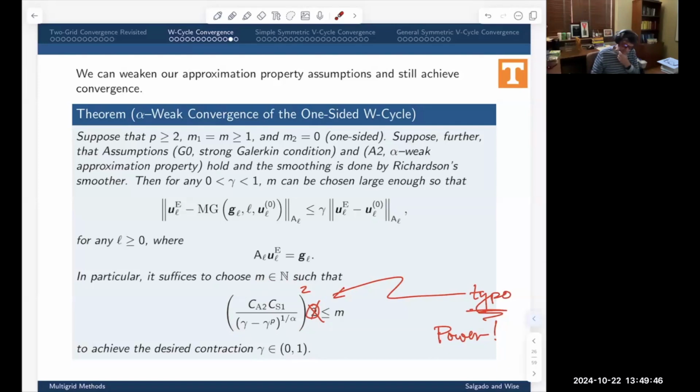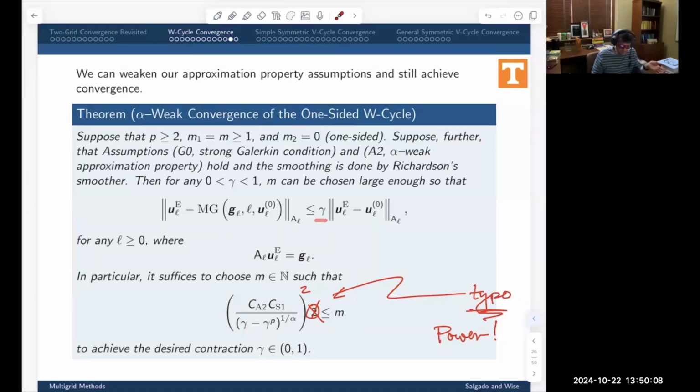The only difference between what I do here is now I have an alpha. So let's think about this. This number and this number, the difference is going to be a small number, right? Because this is the contraction factor that I want.